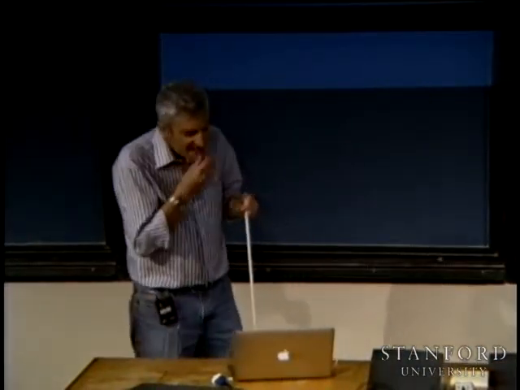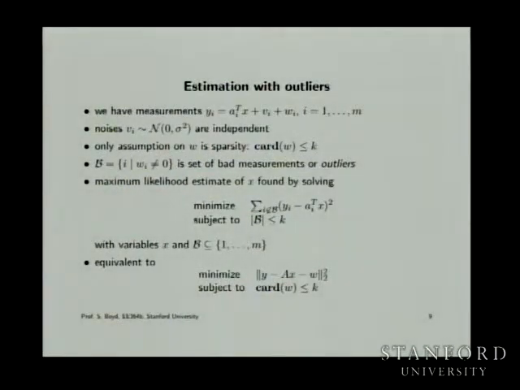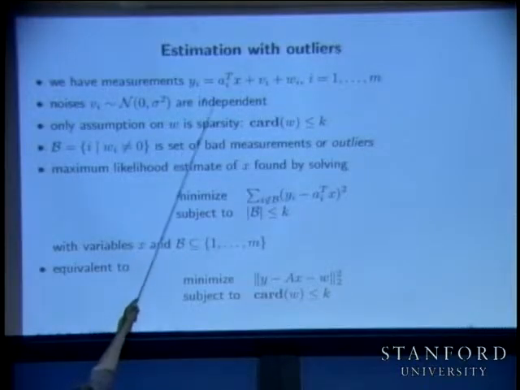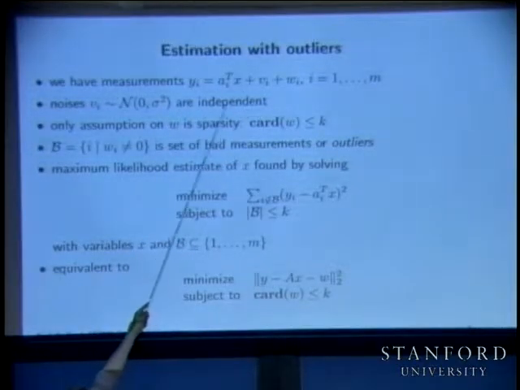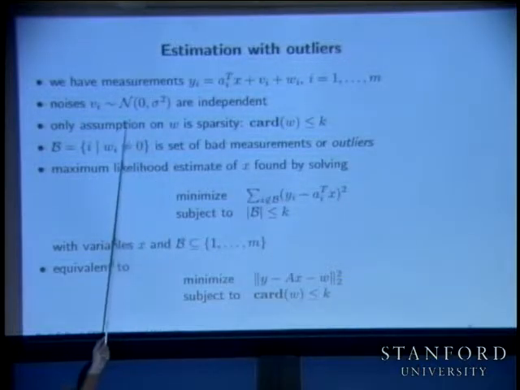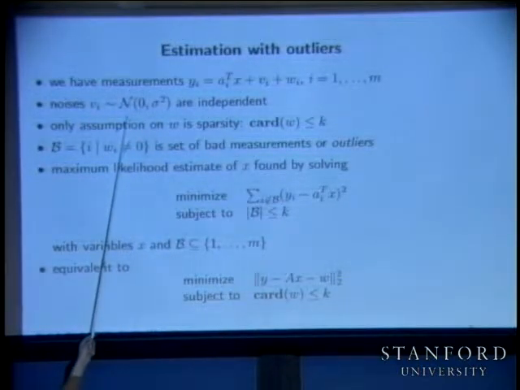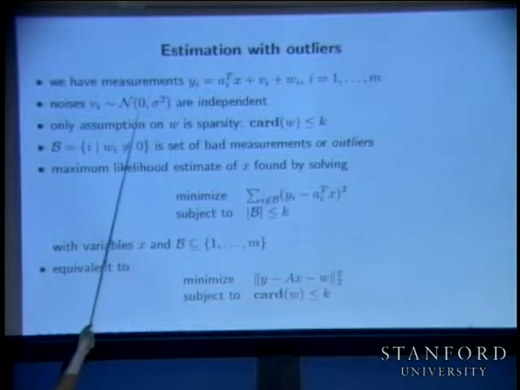Okay, estimation with outliers is another beautiful example, and it works like this. You have y_i = a_i^T x + v_i. This is just a linear one to make it simple. The v_i's are our friends that were with us last century. Those are our nice Gaussian noises, our catch-all.